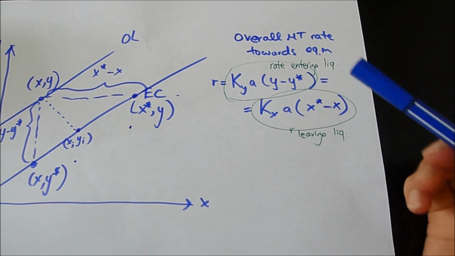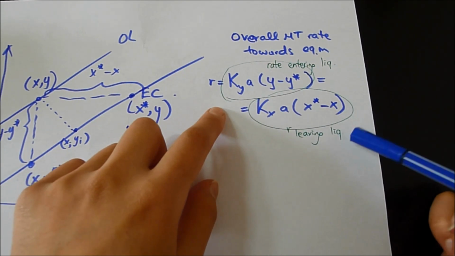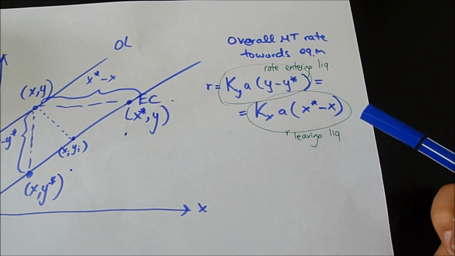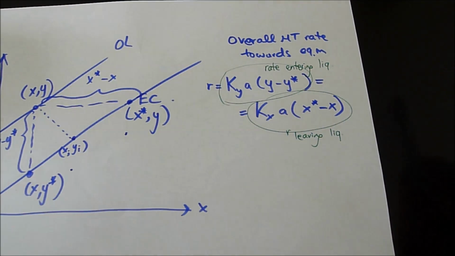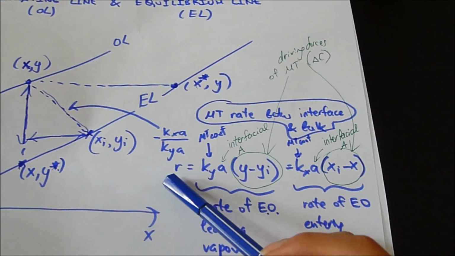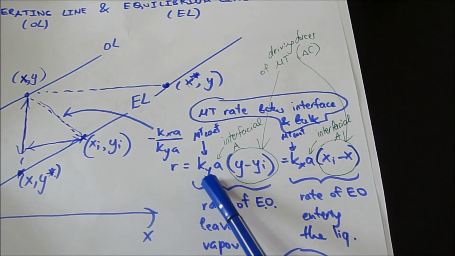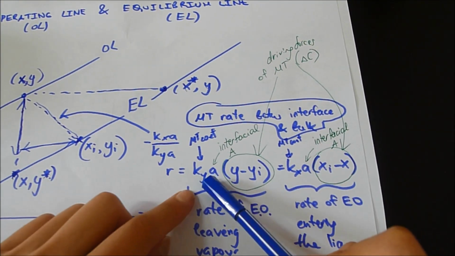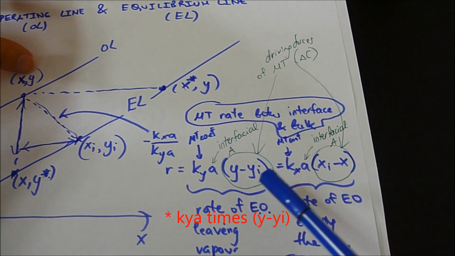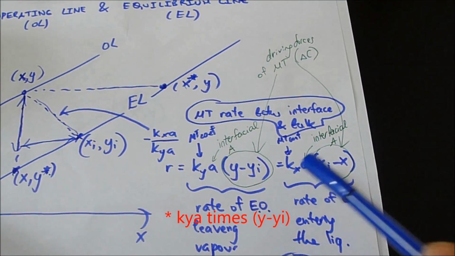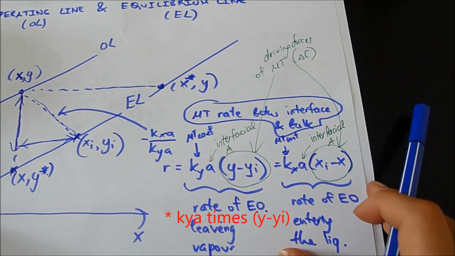So we know that this equals this, but we also know that small r is equal to small kya times y minus yi equals small kxa times xi minus x.